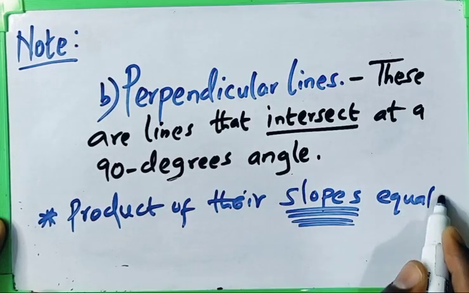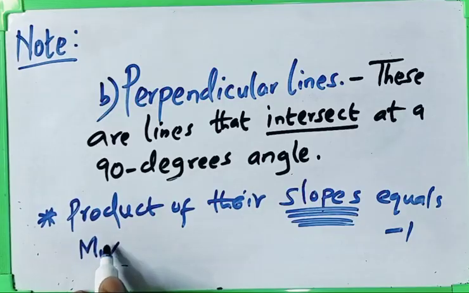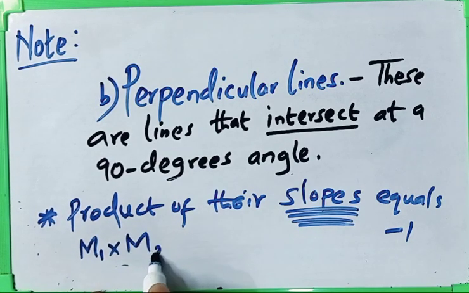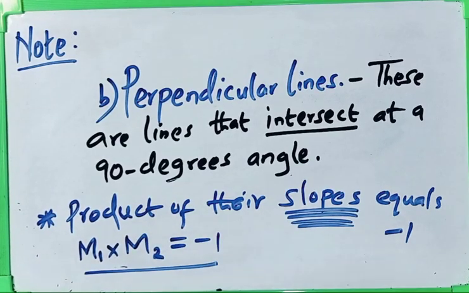We are saying if line 1 has the gradient or slope of m1, multiplied by line 2's slope, which is m2, and the answer is negative 1, then that indicates that the two lines are perpendicular to each other.